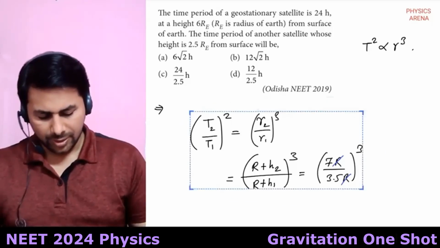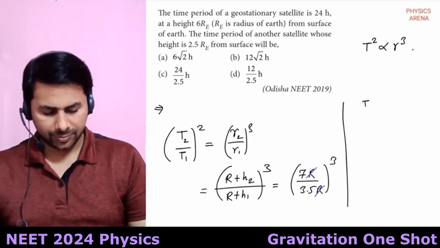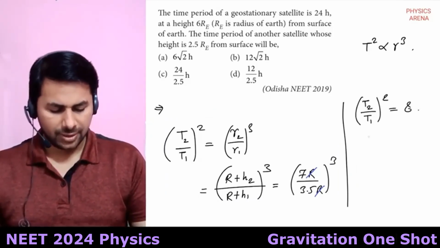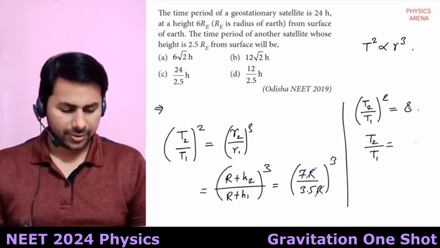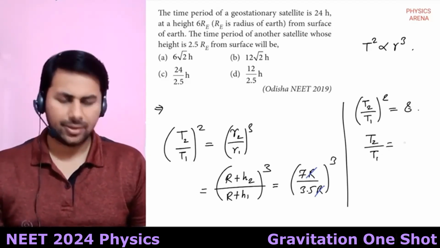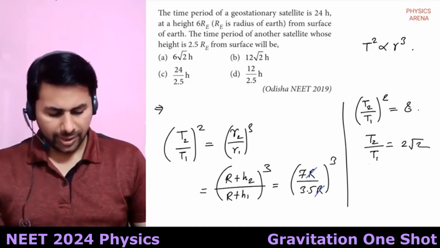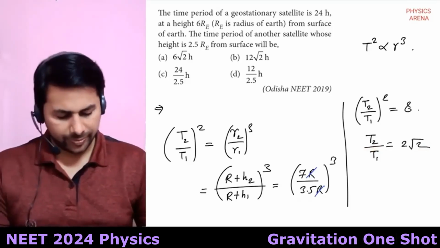Okay. So we have T2 upon T1 squared is equal to 8. That means T2 upon T1 will be the square root of 8. The square root of 8 is 2 root 2. Take T1 on this side, that is 24.